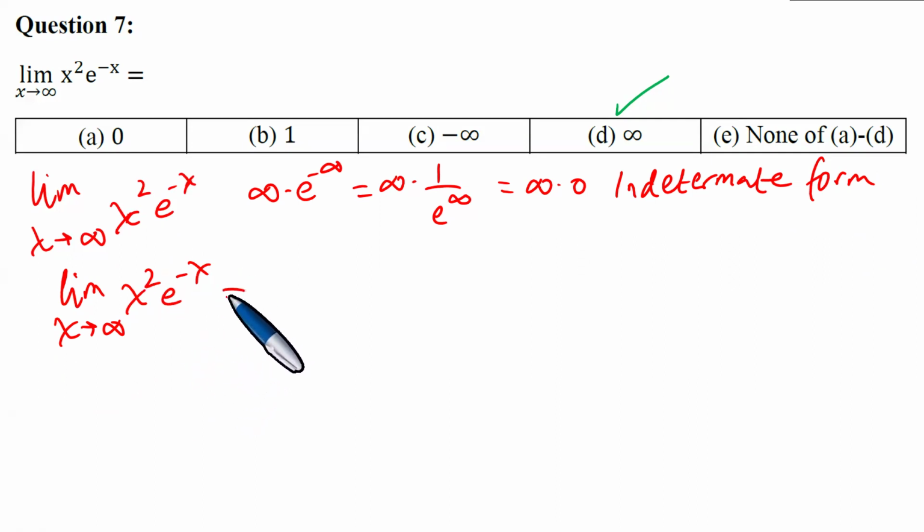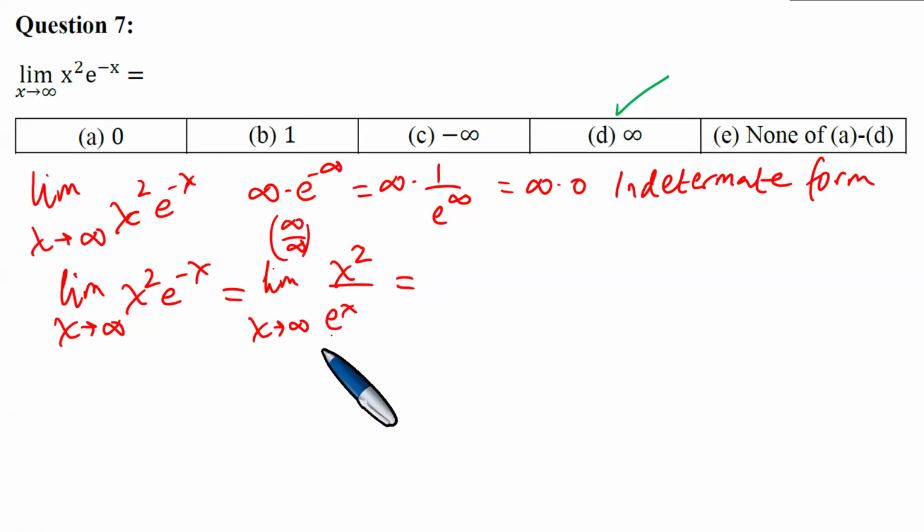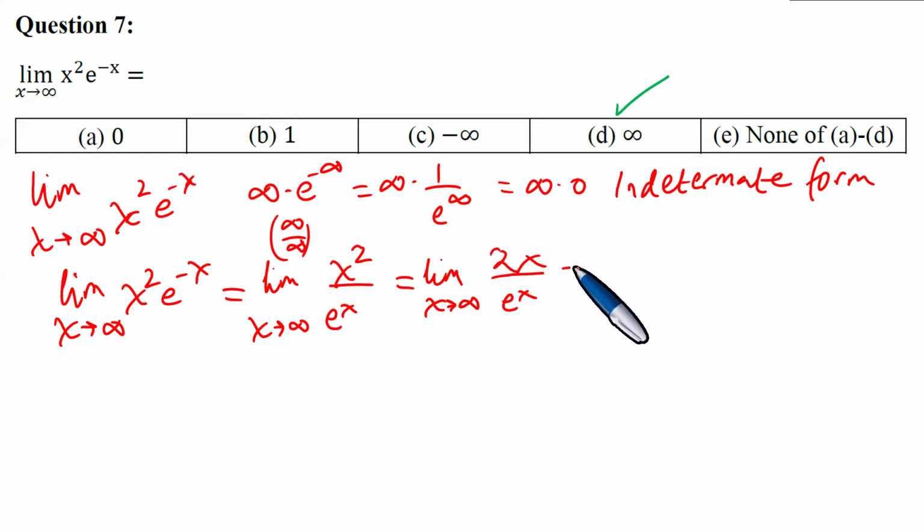This limit itself needs to be transformed a little bit, and therefore we shall look at the limit as x approaches infinity of x squared divided by e to the power x. And this gives us the form infinity over infinity, and we're in a position to use L'Hopital. L'Hopital's rule says the derivative of x squared is twice x, and e to the x in the denominator.